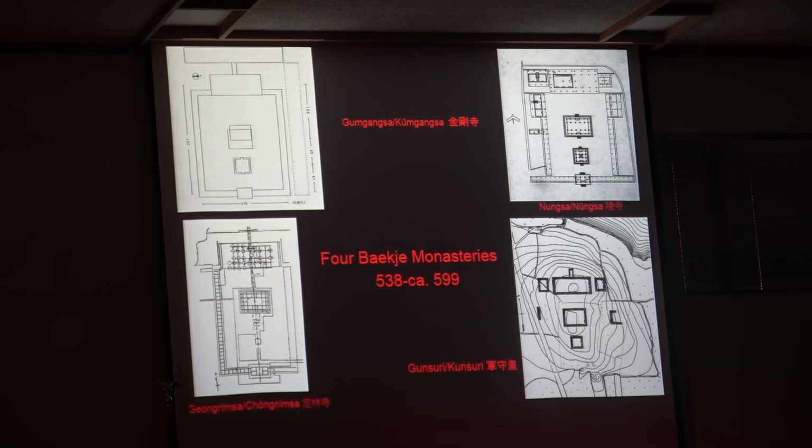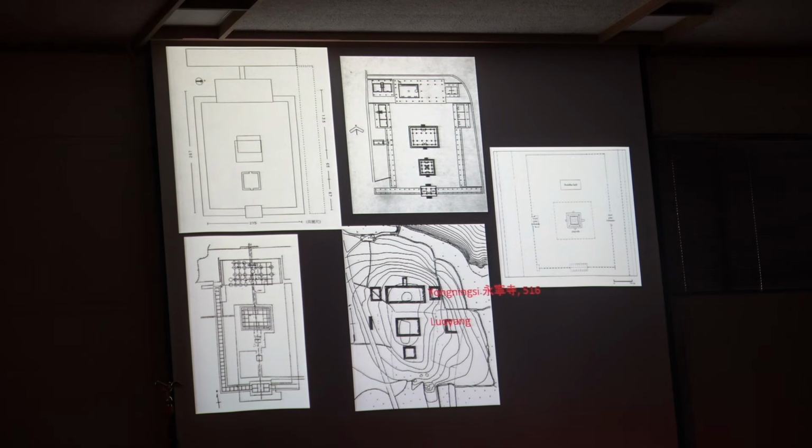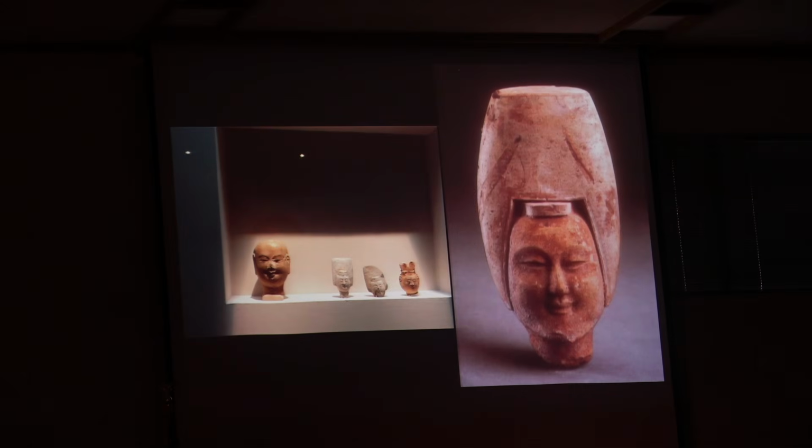Monastery type number 2. The Paekche Monastery has a gate, a pagoda, and a Buddha hall all in one line, and sometimes a building behind it, and that building would be the lecture hall. So, gate, pagoda, Buddha hall, gate, pagoda, Buddha hall, etc. And this is our Yongning Monastery plan that we just saw in the Northern Wei capital of Luoyang.